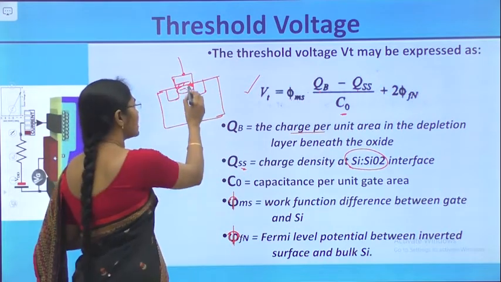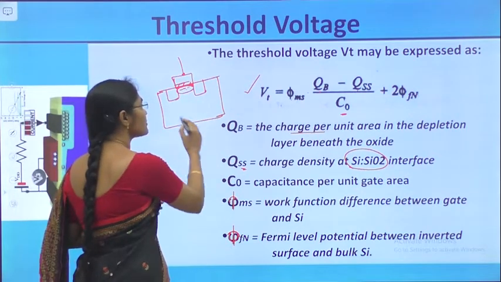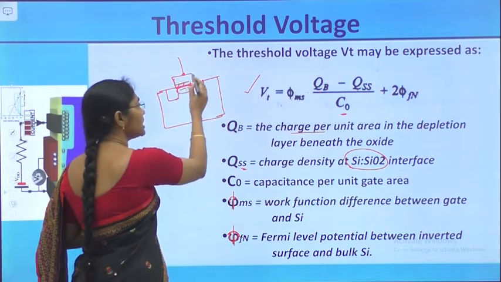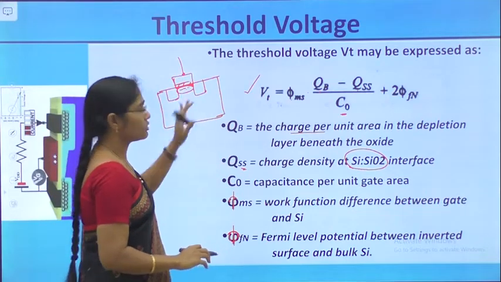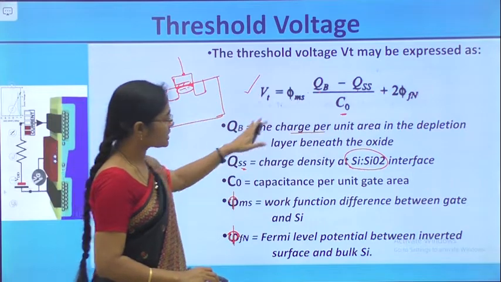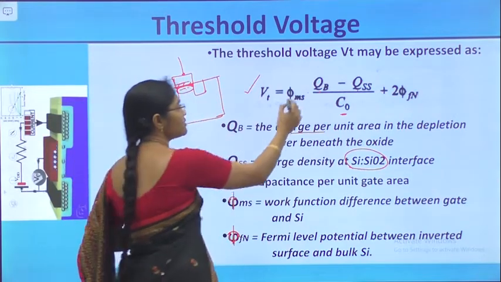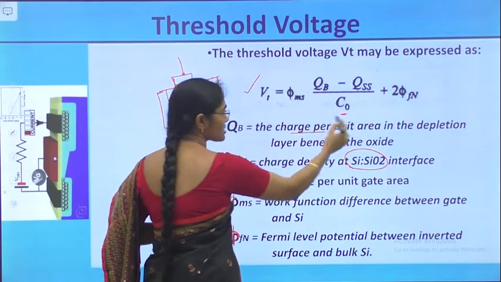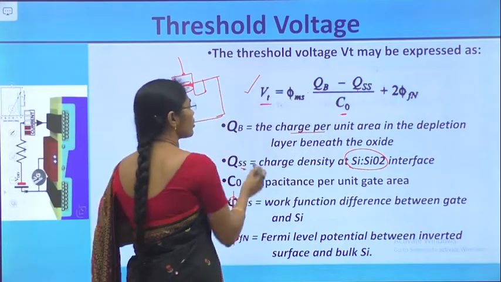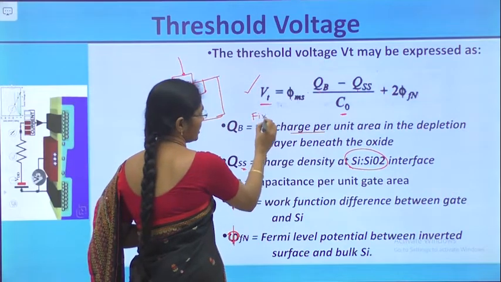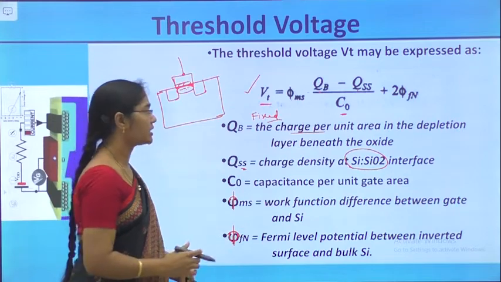Therefore it defines the material properties of this SiO2 interface, the charge of the substrate, the materials used for the gate and the doping concentrations also. So all these define the material properties. Therefore all these values are fixed once the transistor is defined and designed. Therefore VT is always fixed. It is a constant value once the transistor is fabricated.